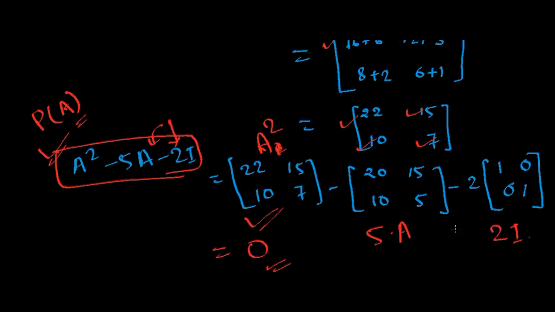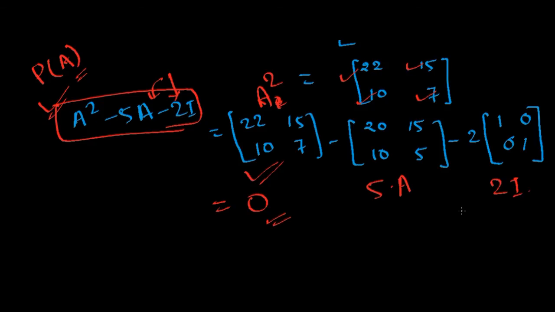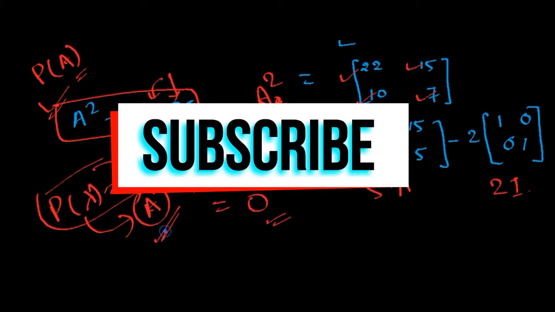Hence, if you find the characteristic polynomial of any square matrix and equate it with 0, this characteristic equation will be satisfied by the matrix A. That is the Cayley Hamilton theorem.